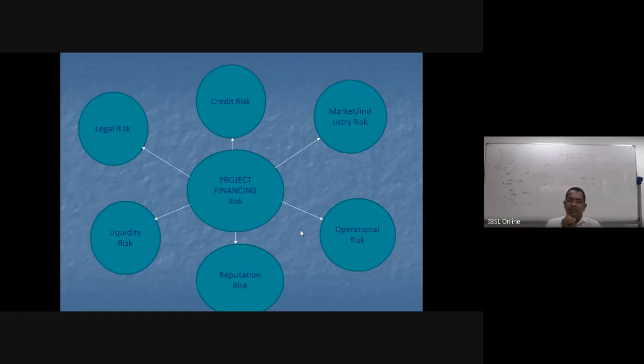Operation risk, which is the risk associated when operating a project, frauds, those kind of things. Reputation risk, what kind of reputational damage it will cause. Liquid risk, that is the short-term liquid position of the business, day-to-day funding for the day-to-day operation.